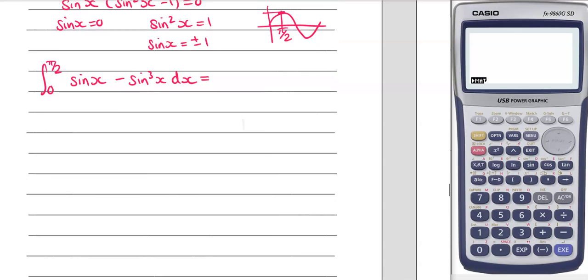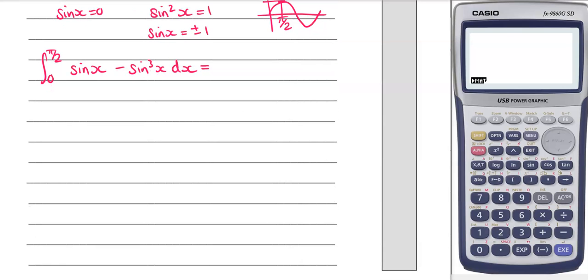Now this takes a little bit of manipulating into something we can make sense of and integrate. So this will be the integral from 0 to pi by 2. Sine x is fine, we can integrate that, but the sine cubed is tricky. That's the same as sine squared x sine x dx. Now sine squared we can turn into 1 minus cos squared.